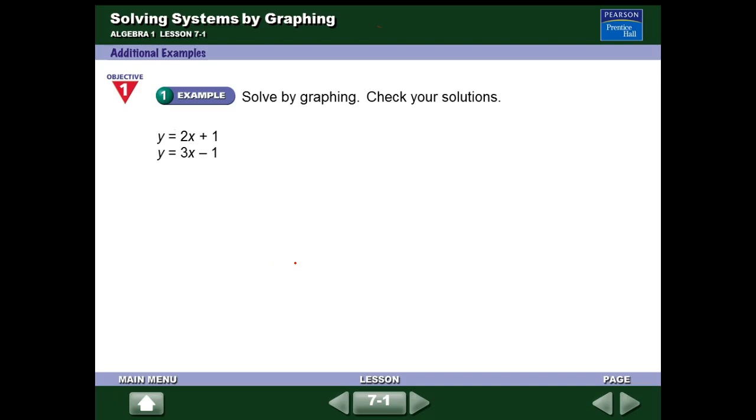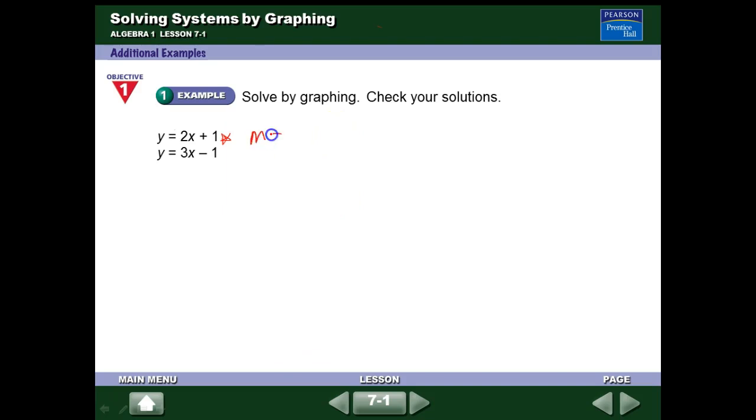Okay, so here's our first system of equations, and the system here is y equals 2x plus 1 and y equals 3x minus 1. So this is a system of equations because it's two linear lines that are going to hopefully intersect and give us our solution. So take a look. Our first equation, using the information that we got from last chapter, y equals 2x plus 1.